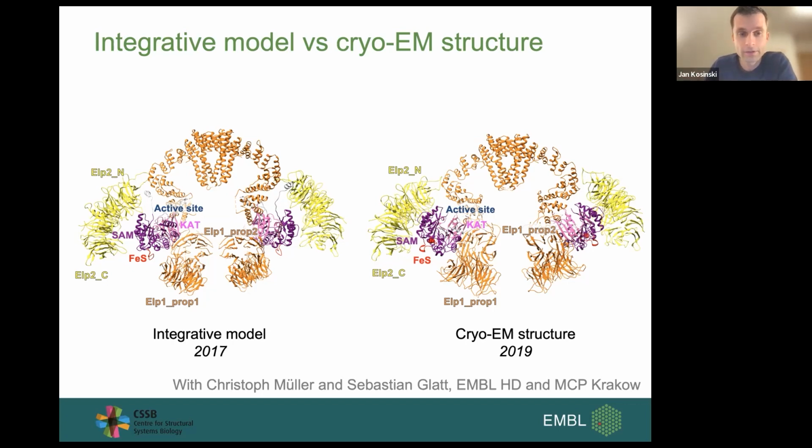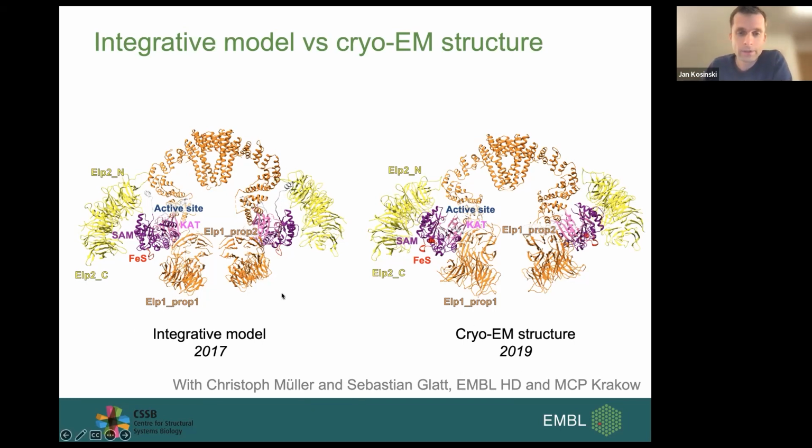and provides a validation. So on the left, you have an integrative model that we built in 2017 using this assembly pipeline based on negative stain electron microscopy at around 30 angstrom resolution, and some crystal structures and homology models. And on the right, you see a cryo-EM structure that was obtained by our collaborators using high-resolution cryo-EM.